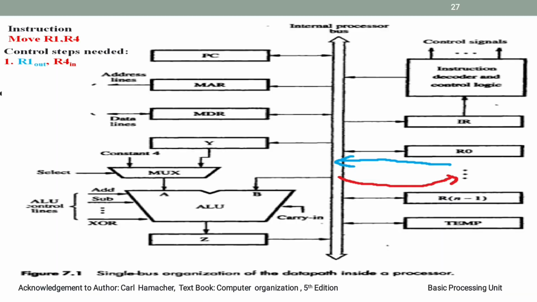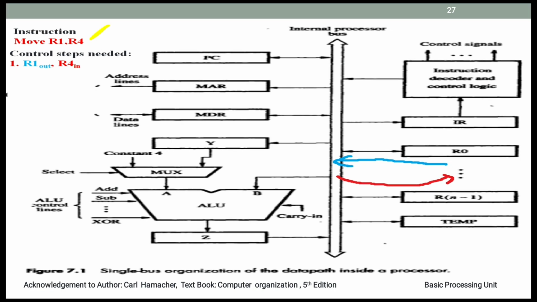Before going to the discussion of the execution of the actual instruction, that is add (R3), R1, let us take a simple example and get to know the usage of control signals. Here the example instruction is move R1, R4.